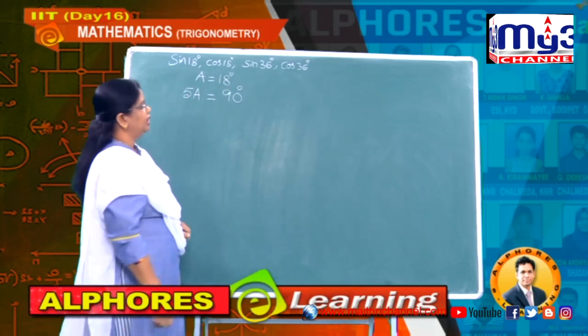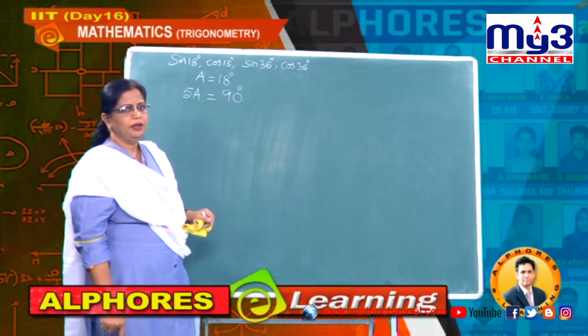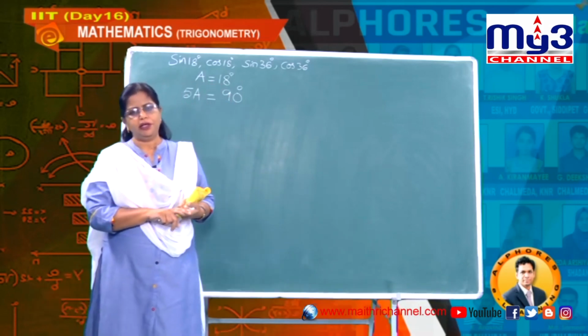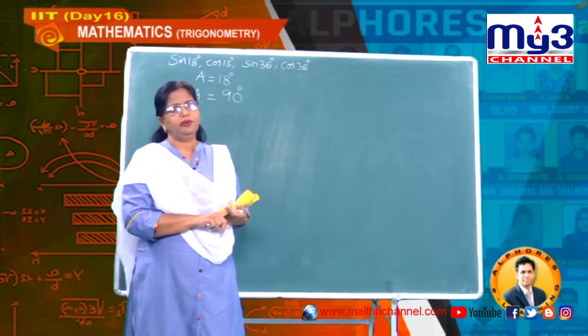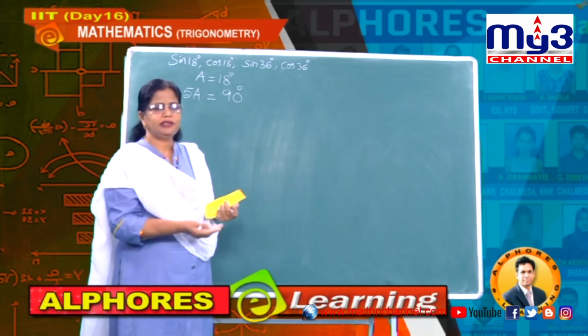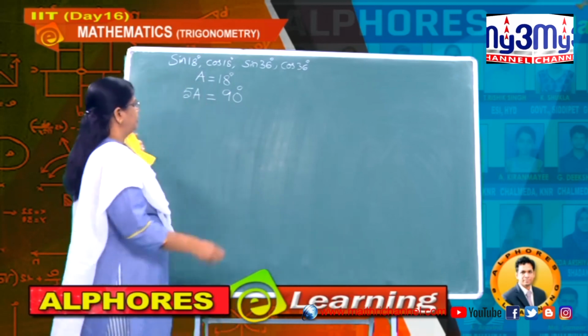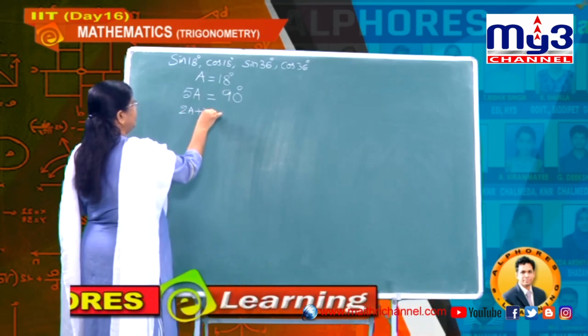Now let us split this 5A as 2A plus 3A, because you know the formulas of sin 2A, cos 2A, and at the same time sin 3A, cos 3A also. That is the reason why we split as 2A plus 3A rather than A plus 4A, etc.